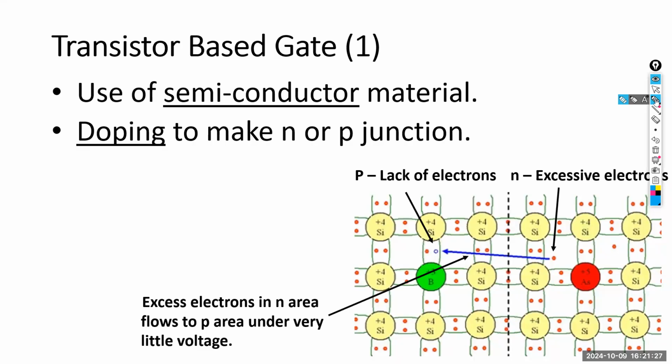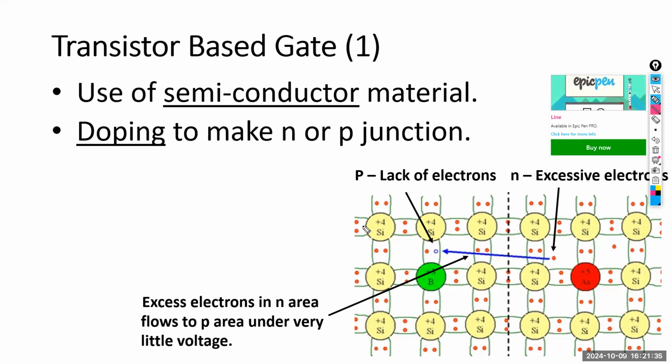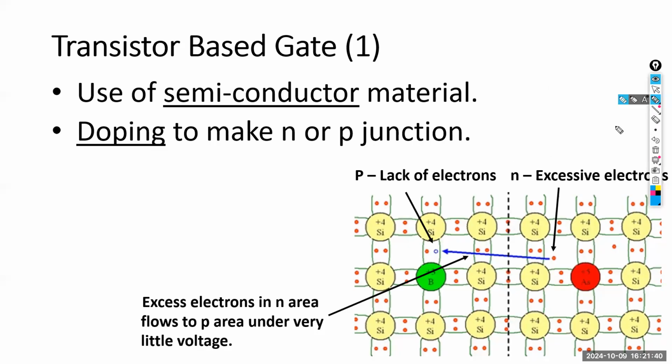So a semiconductor will allow electrons to flow with a small voltage, not a huge voltage like vacuum tubes. In the exams, they will never ask how the transistor works, but it's good for your confidence if you are doing IT.